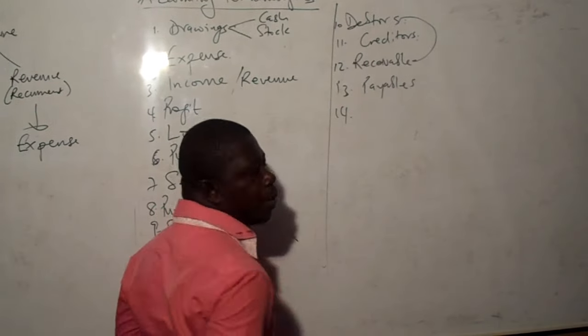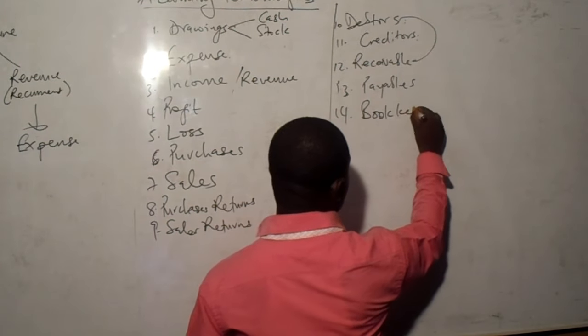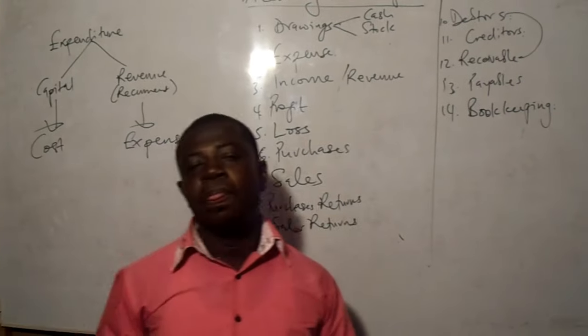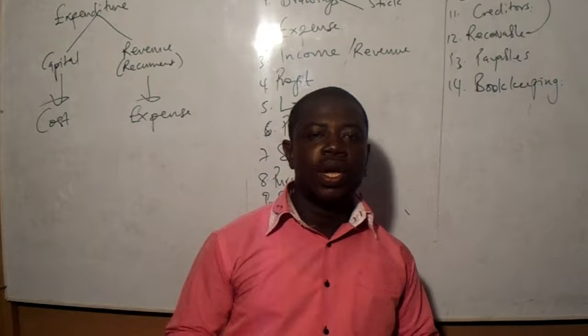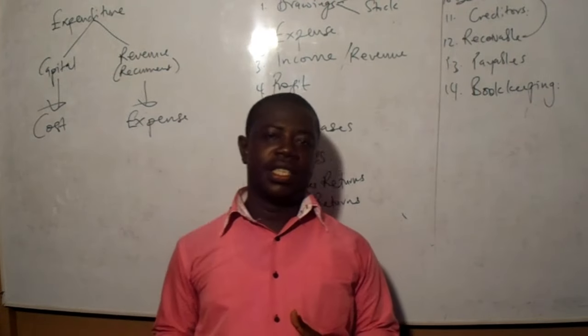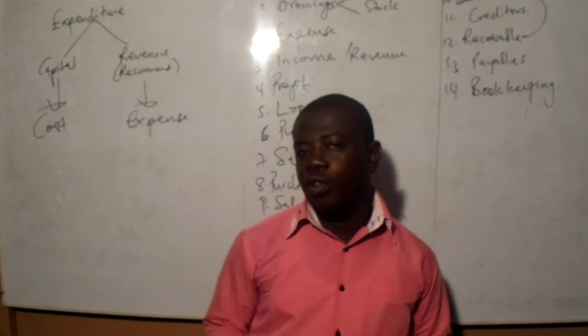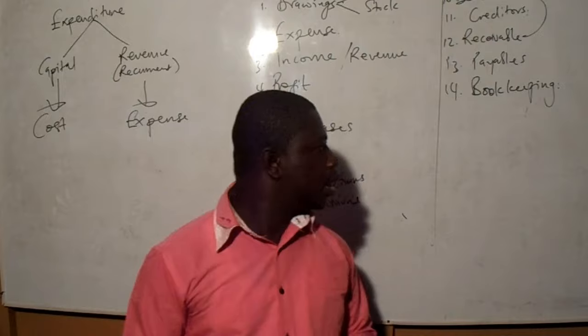And then finally, I want to talk about bookkeeping. Now, what is bookkeeping? Bookkeeping refers to the recording of business transactions into the books of accounts for future references and for permanent use.